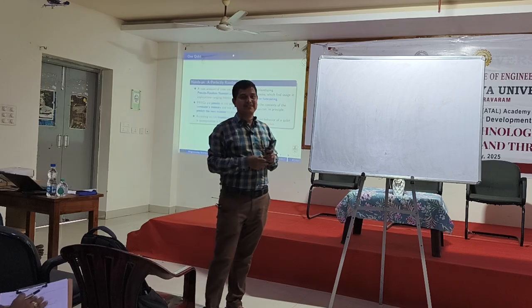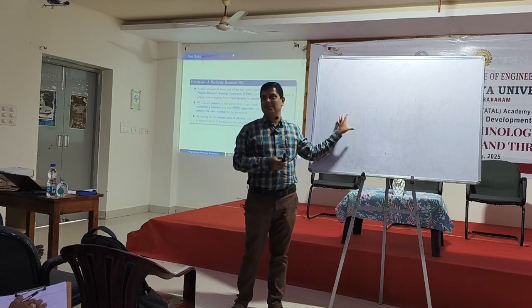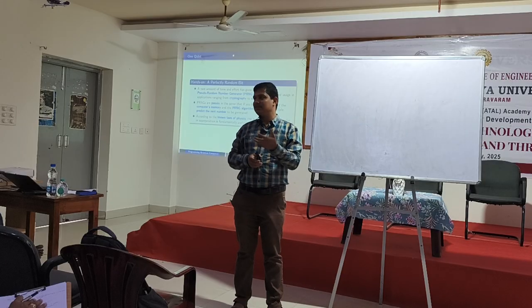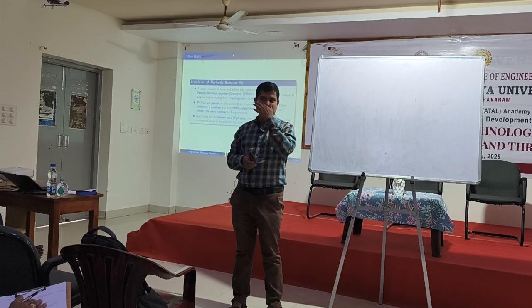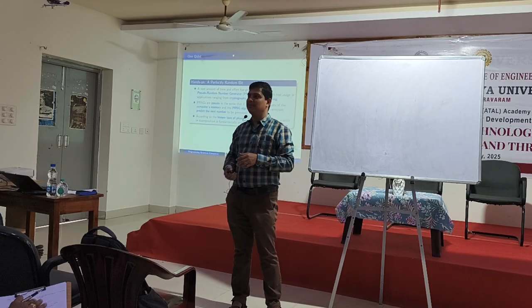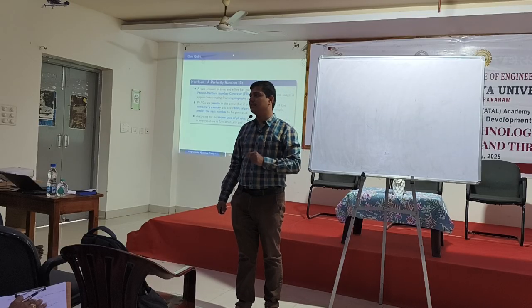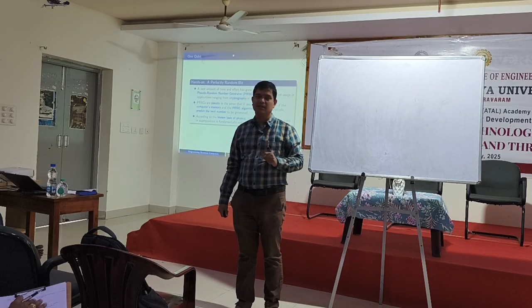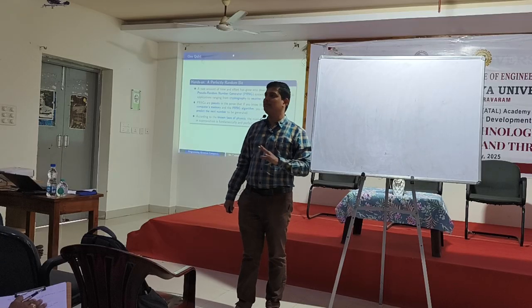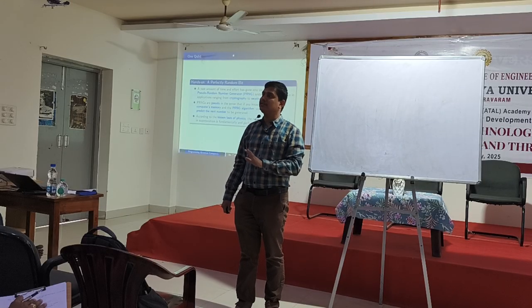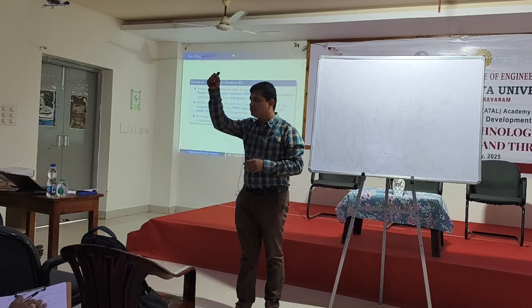So if the four of them secured the same score in GATE, first we will check the date of birth. If date of birth resolves the problem, it is solved. If date of birth does not resolve the problem, we generate a unique pseudo random number for each and every candidate. For example, if 60,000 people appeared in a national level test, then 60,000 random numbers are generated, not 1, 2, 3.